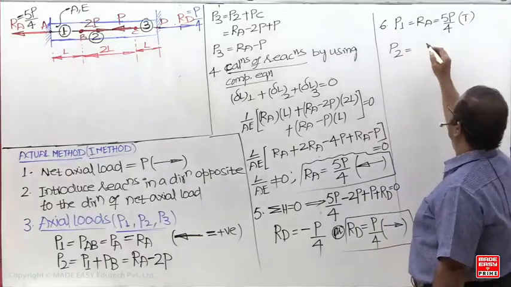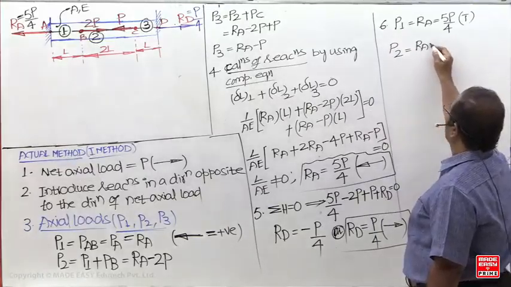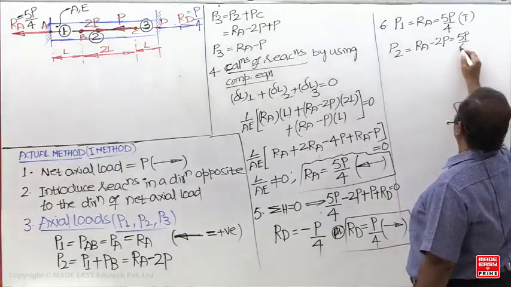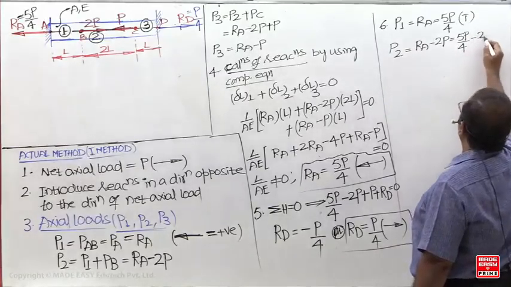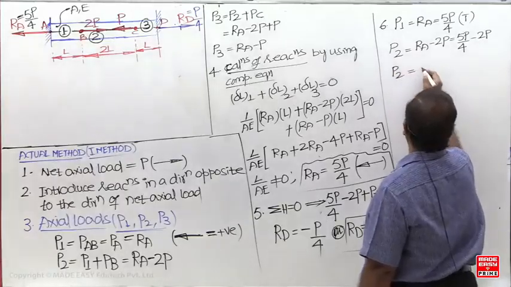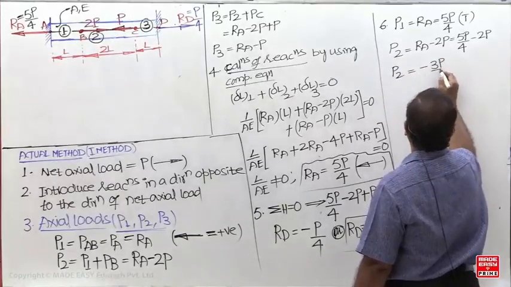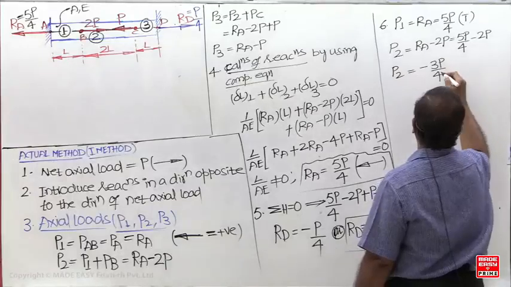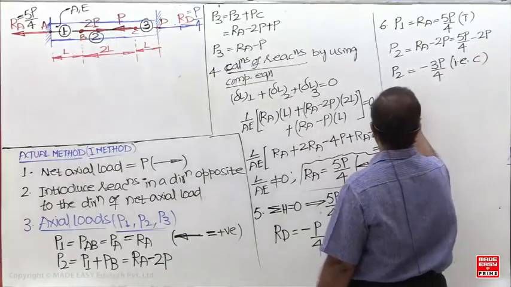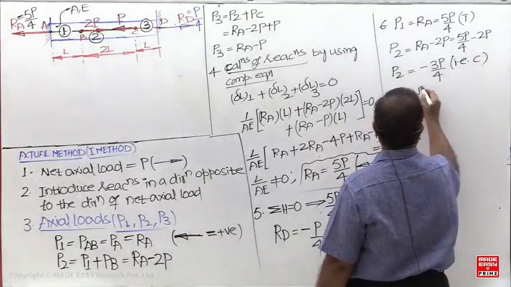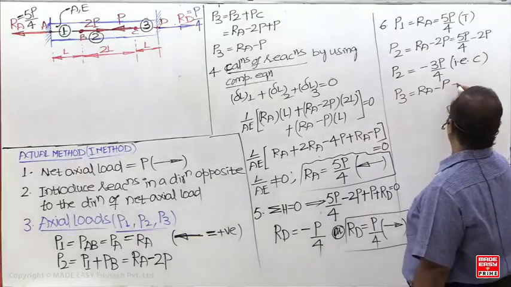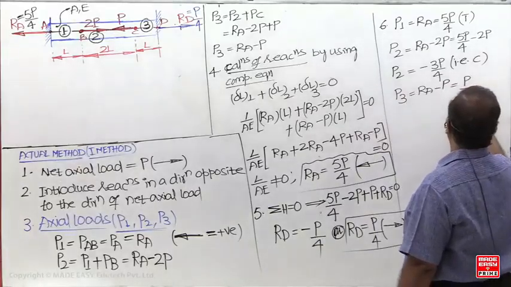What is P2? So P2 is minus 3P by 4. That is compressive load. And what is P3? RA minus P. So it is P by 4.